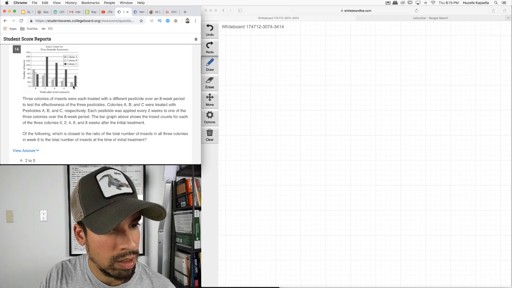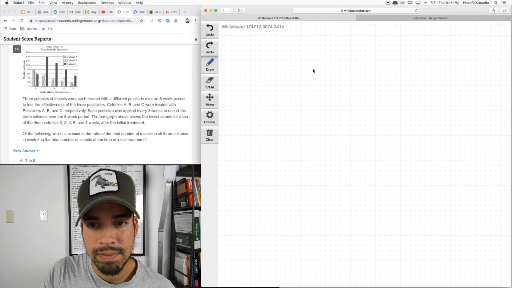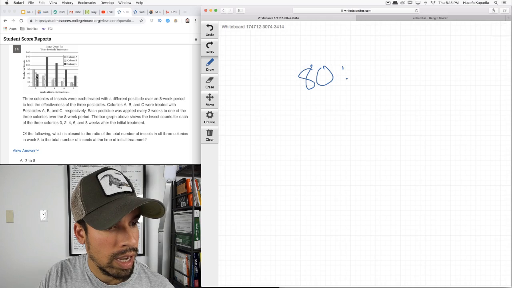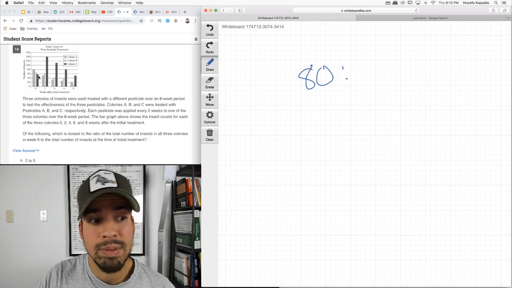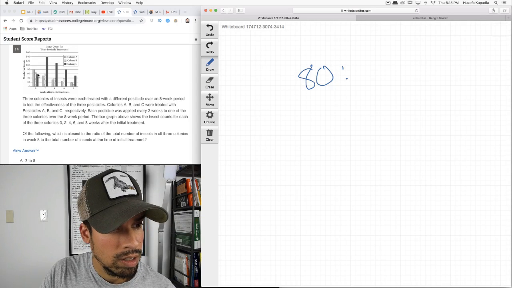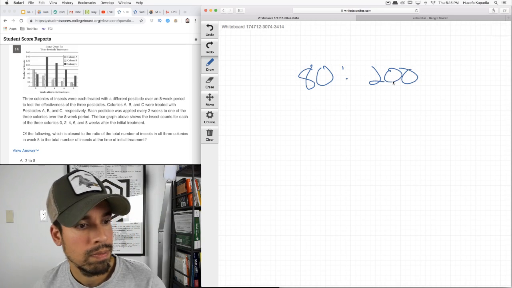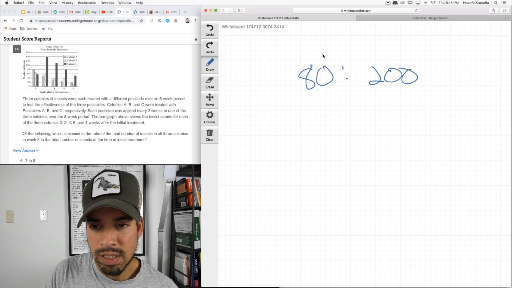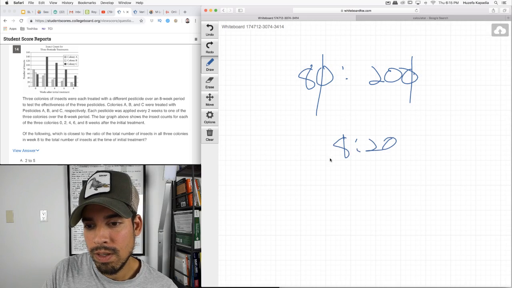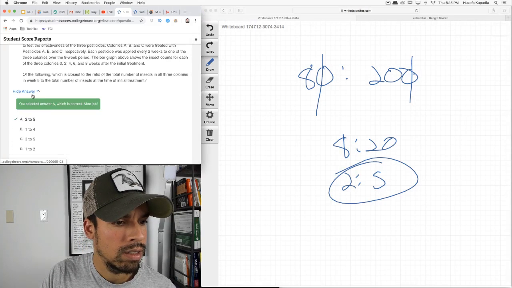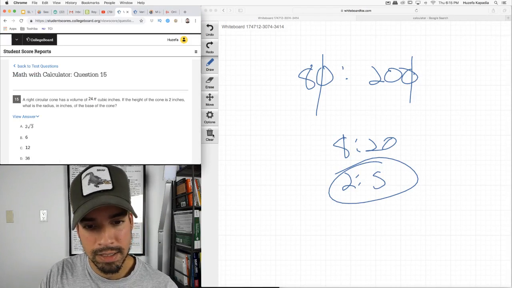So it'll probably be like 20, 30 plus 50, 80, to initial treatment, which is 80 plus 60 plus 60. I'm just going to say approximately. Those look about 60. Split the difference, right? So that's 200. We can simplify this to be 8 to 20. Divided both by 4, and we get 2 to 5. So that's my guess, which is A, and it's correct. Next.